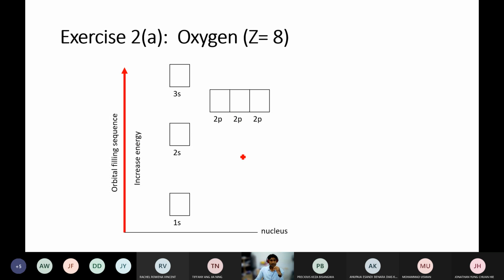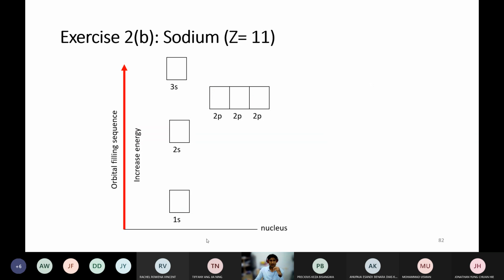So on this energy level diagram, the orbital filling sequence with increasing energy, we can fill up this one as well. Okay.